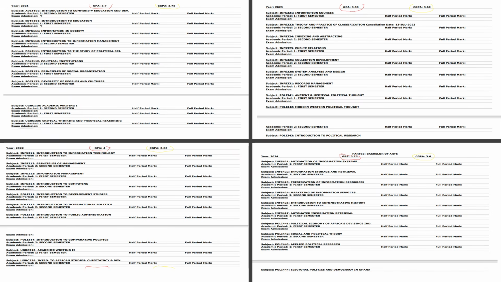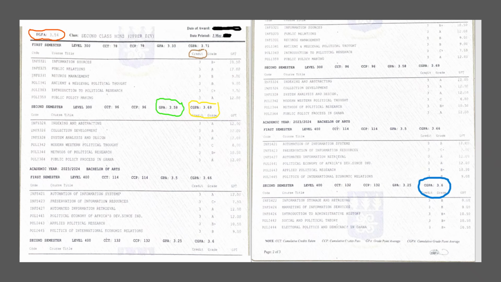So look at this, second class upper. When you look at the original transcript, realize that on my right side, the one I've circled in red, the FGPA was 3.54, as we calculated.